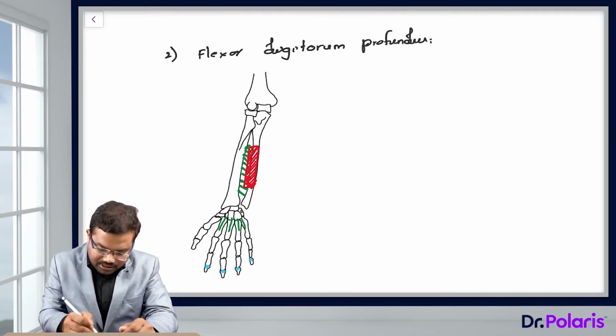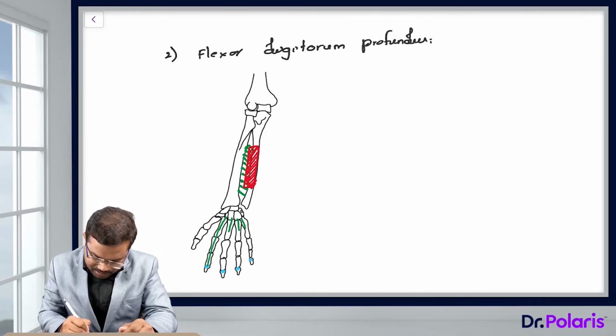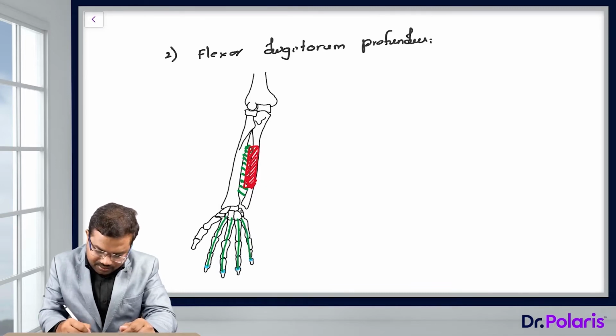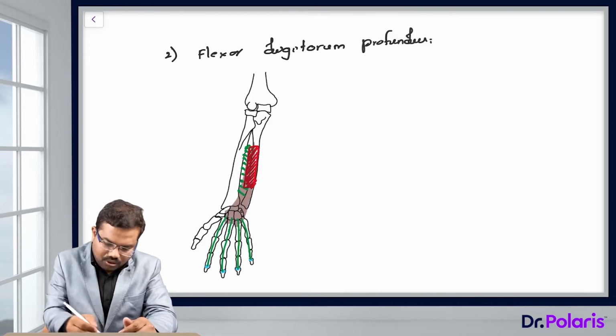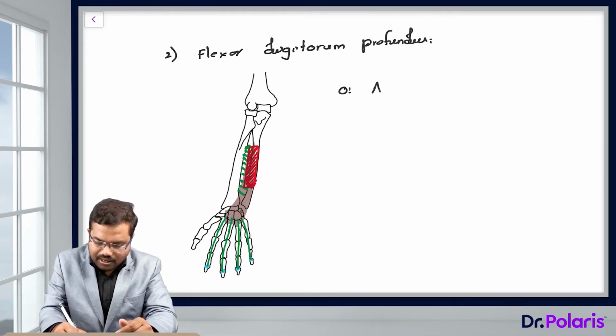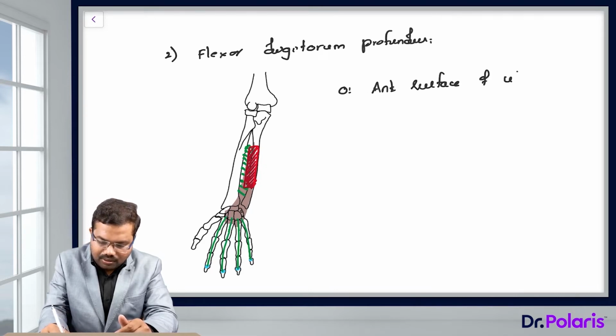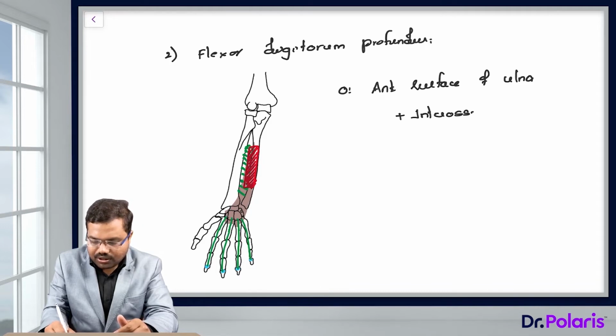Okay, so that's what the extension is. It's attaching to the base of the distal phalanx, and this is the extension of that muscle. So the origin is the anterior surface of the ulna plus the adjacent interosseous membrane. That's the origin.